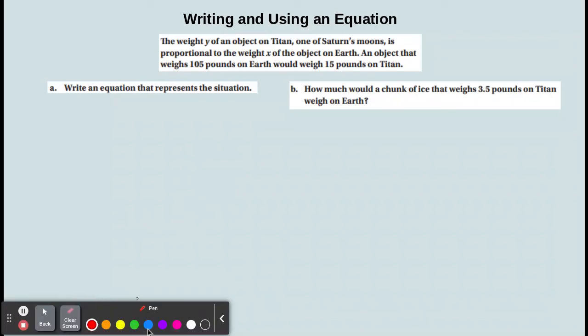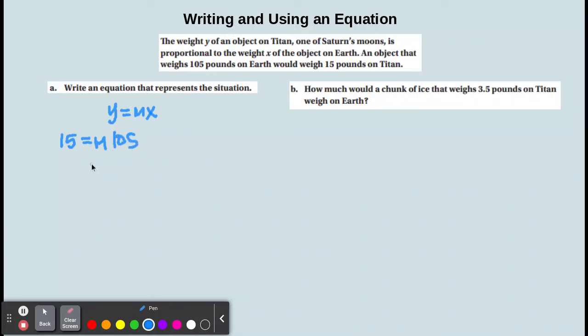Okay, so remember, they just told us we want to write it in this form, y equals mx, because that's a proportional relationship, right? Well, y was the weight on Titan, which they told us was 15 pounds. We don't know what the slope is or the relationship, but we do know that the x is 105.